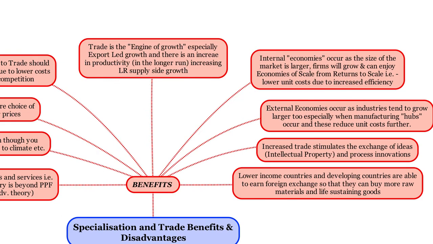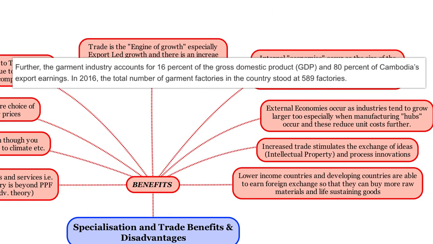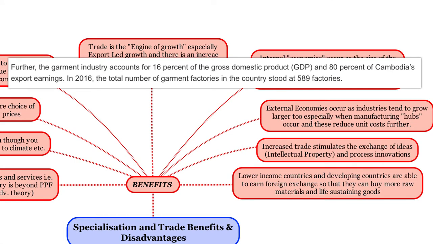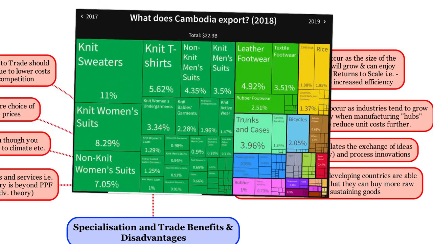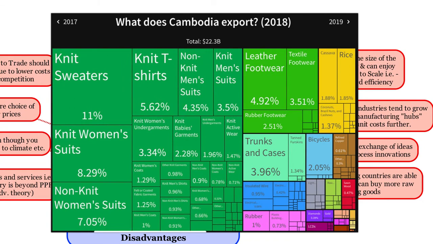Now, in that, here's an example. This is more information about Cambodia that you could use. The garment industry, 16% of GDP, but 80% of their export earnings are really specialized in the garment industry, 589 factories. Now, let's have a look. I'm going to show you now a graphic, and it's a typical graphic that you can get if you look on the internet.